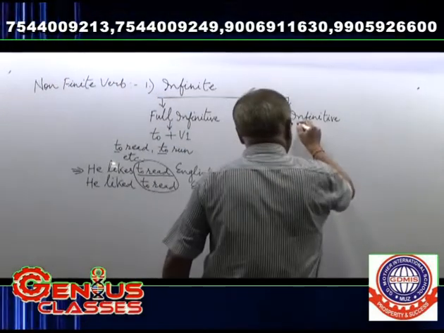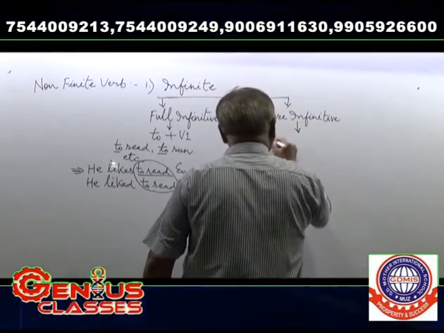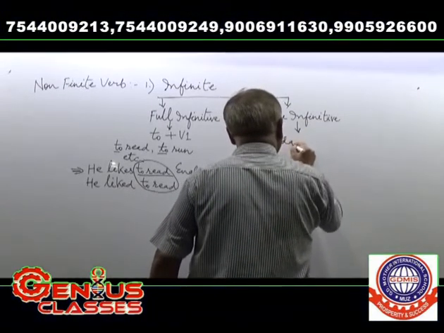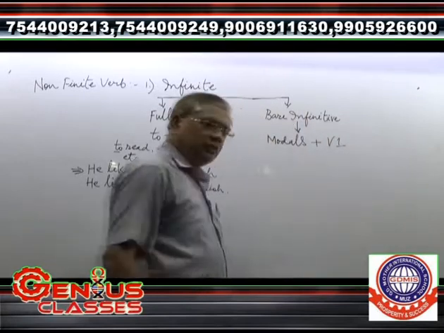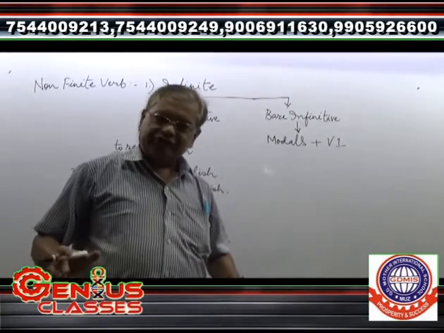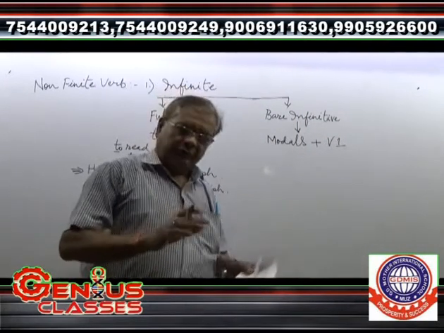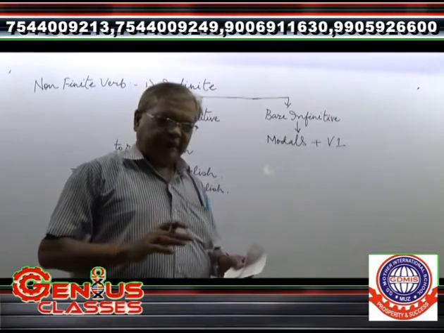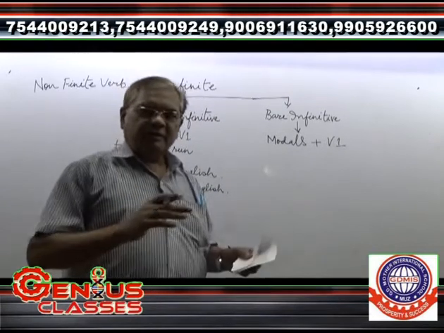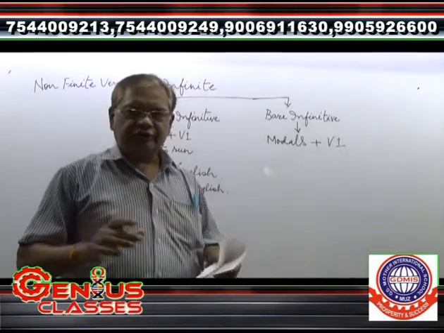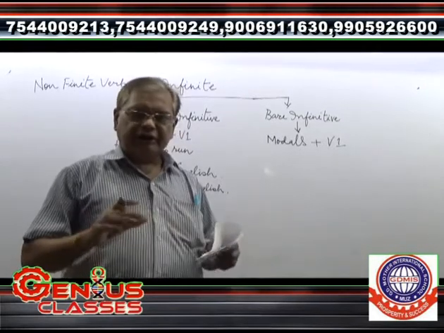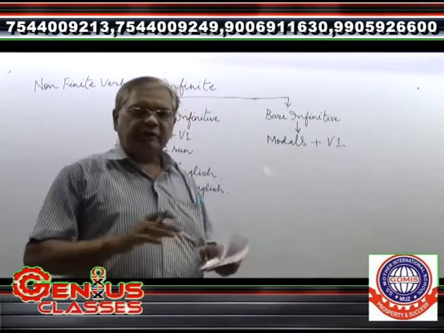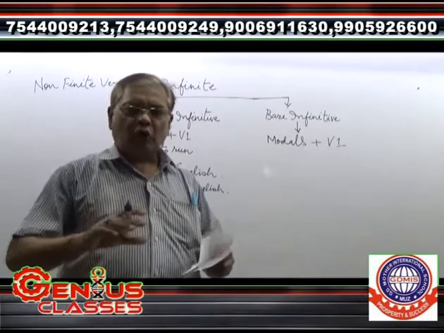Now what is bare infinitive? It means modals plus V1. You know all kinds of modals like will, shall, may, can, would, should, might, could, dare, need, must, used to, ought to.